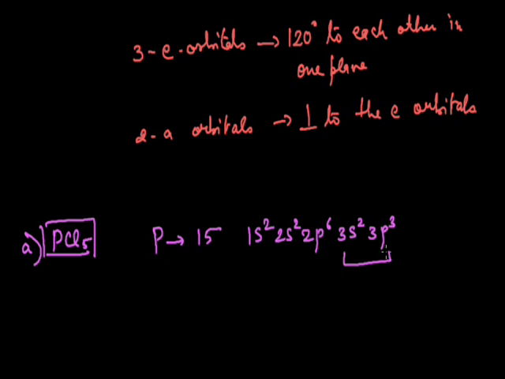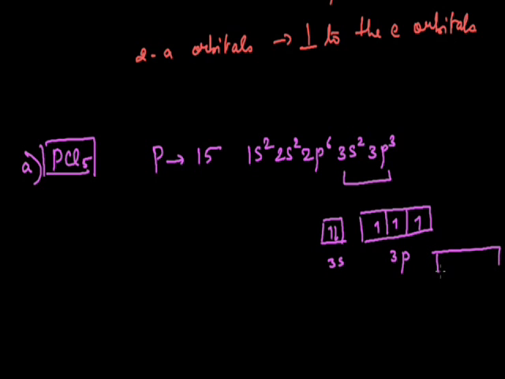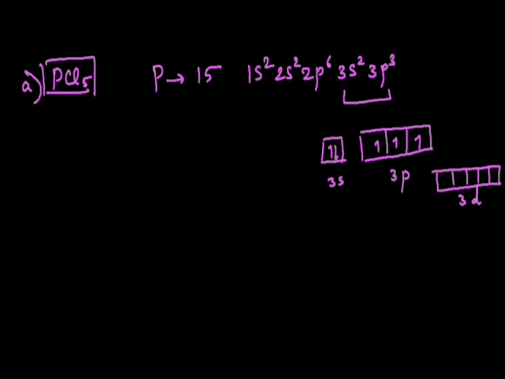Since the outermost shell electrons take part in the bonding, we will see the arrangement of electrons in the 3s and 3p orbitals. There are 2 electrons in 3s and 3 unpaired electrons in 3p, and no electron is found in the 3d subshell in the ground state.